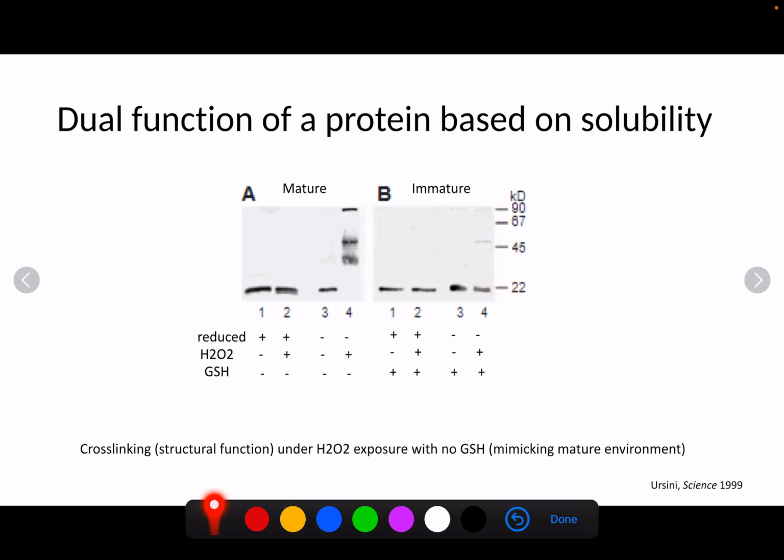With the papers they cited, this protein also has a lot of enzymatic activity, which shows that in the mature version PHGPX mainly works as structural support, whereas in the immature sperm they want to protect the immature materials from being damaged under H2O2 exposure with the support of GSH.